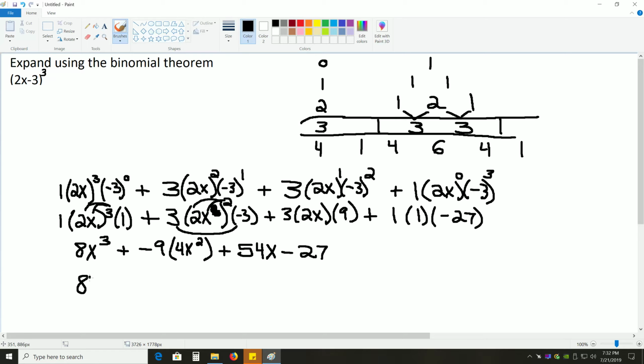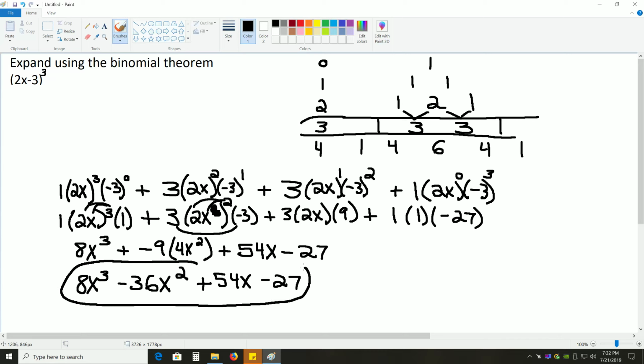So we have 8x cubed minus 36x squared when we multiply negative 9 and 4, plus 54x minus 27. And this is the completely simplified form of 2x minus 3 all to the third power.